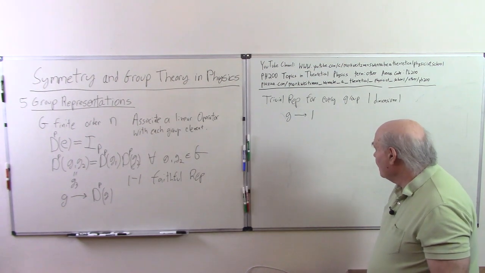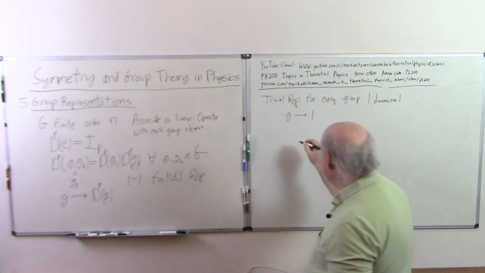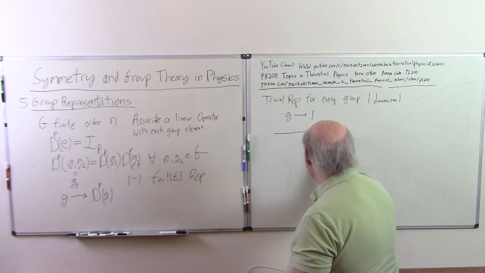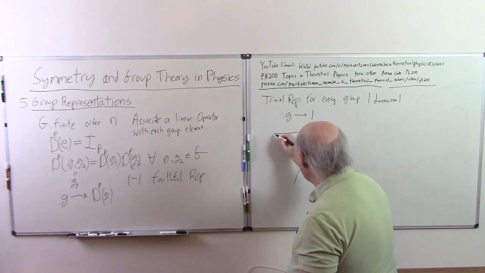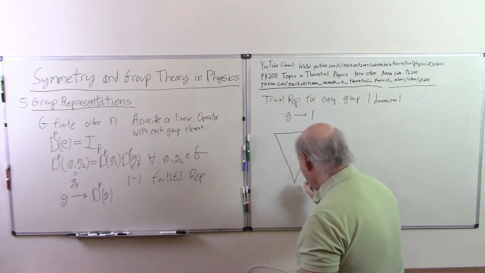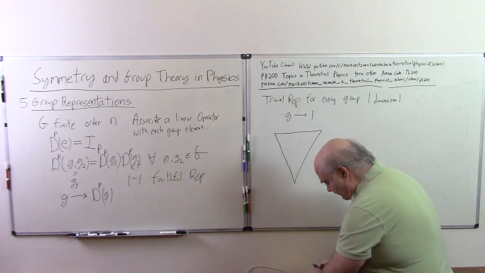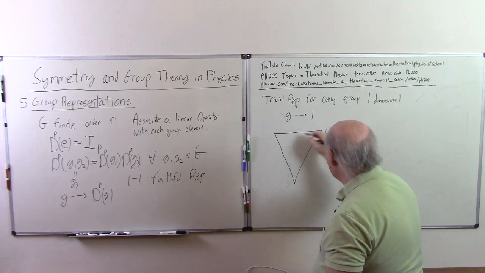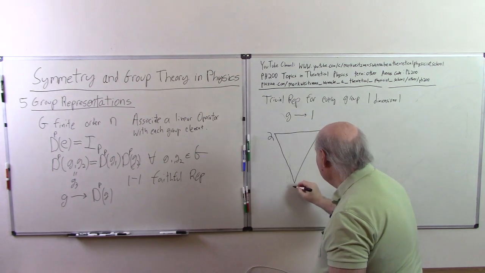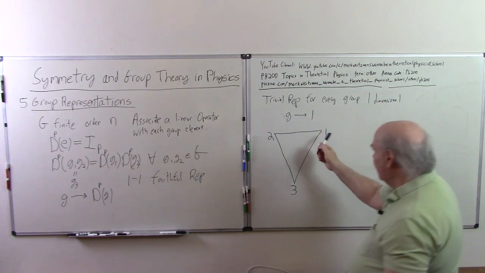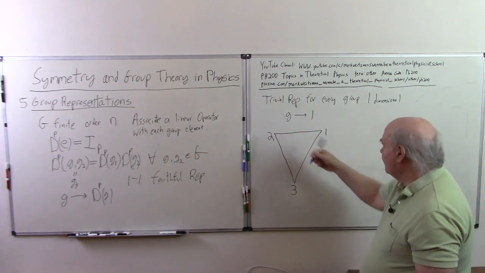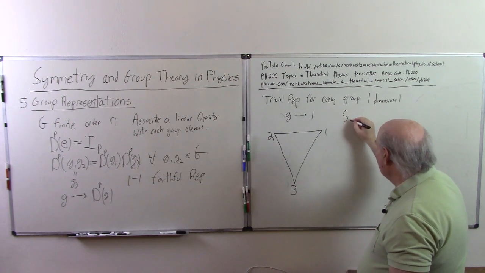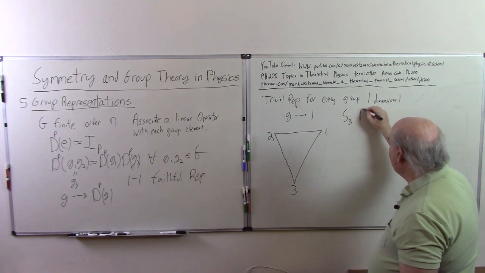So I'm going to go back to where I left off last time and review this real quickly. We had our group S3, where we had an equilateral triangle, and we had 6 permutations of this group S3, the permutation group on 3 objects.